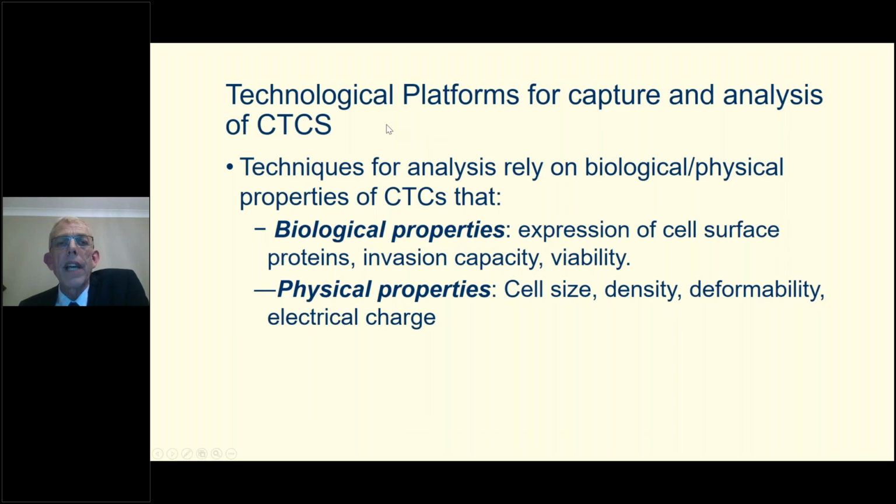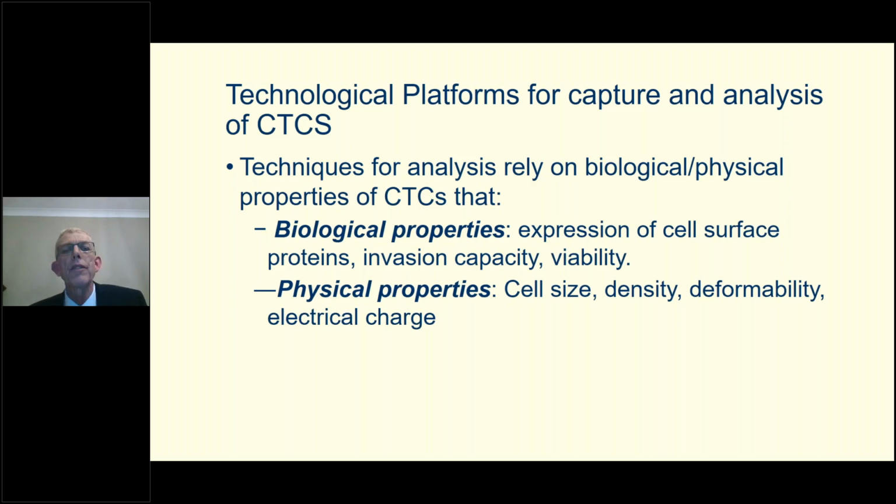So in other words, technological platforms for capture and analysis of CTCs rely on biological properties of cells and physical properties of cells. So biological properties might be, as we've discussed before, the expression of cell surface proteins, cell adhesion molecules, the ability of cells to undergo invasion, perhaps whether the cells are viable or whether they've become apoptotic.